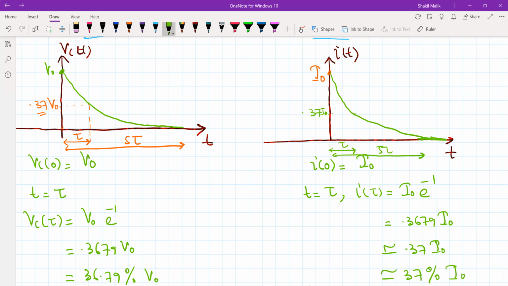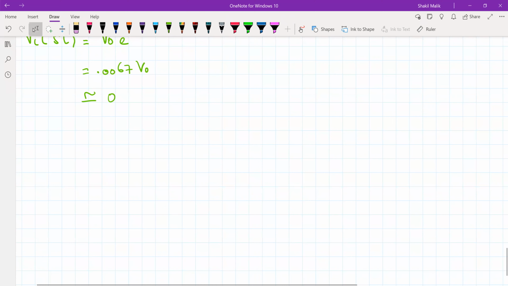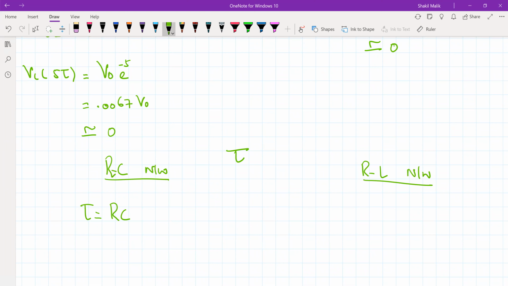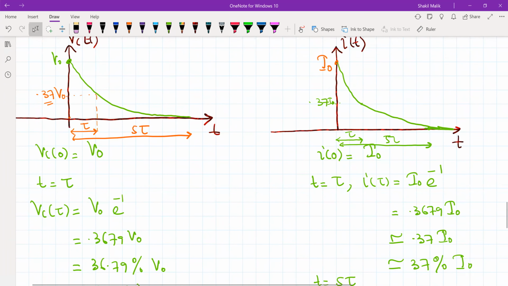All right, I hope you have got the idea of this time constant. So how fast it charges and how fast it discharges in both RC and RL networks is governed by that time constant. For an RC circuit, the time constant is equal to RC, and for an RL network, the time constant is simply L by R. Both have the units of time, milliseconds or whatever the unit of time is.